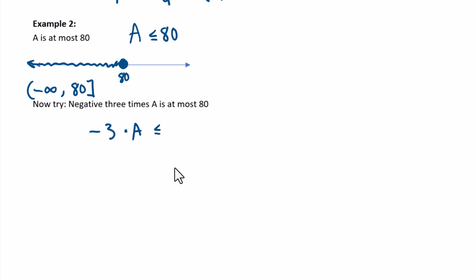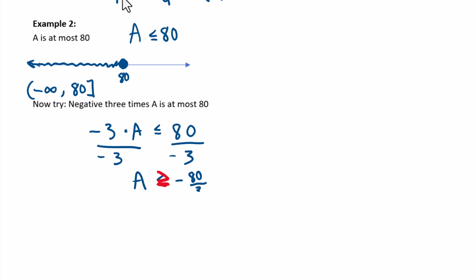Now, let's try negative 3 times a is at most 80. So we know it's less than or equal to 80. Now we solve for a by dividing both sides by negative 3. Whenever we divide or multiply by a negative, we have to flip our inequality over. So this becomes a greater than or equal to. And now this 80 divided by negative 3 becomes a number that is negative.